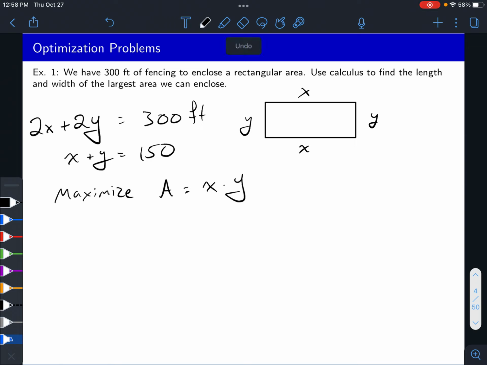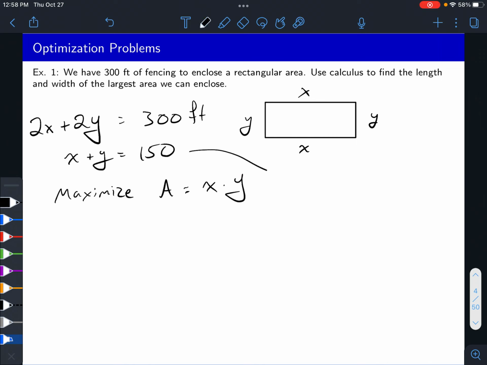But we have two variables, so how do we deal with a second variable? Well, how we deal with that is we use this information up here. So we can use this equation up here to eliminate one of the variables and have this expression completely in terms of a single variable. So let's say that I want this to be totally in terms of the variable x.